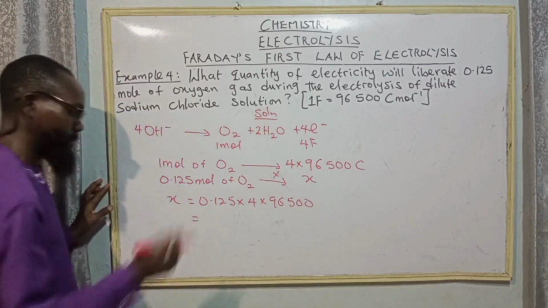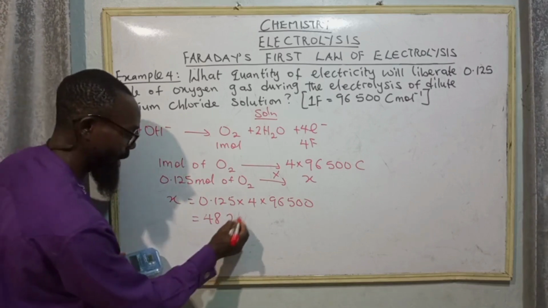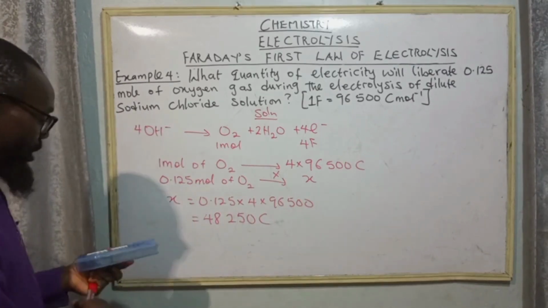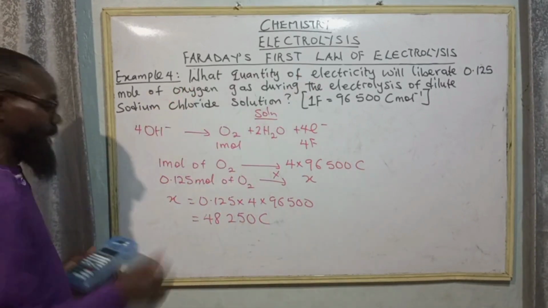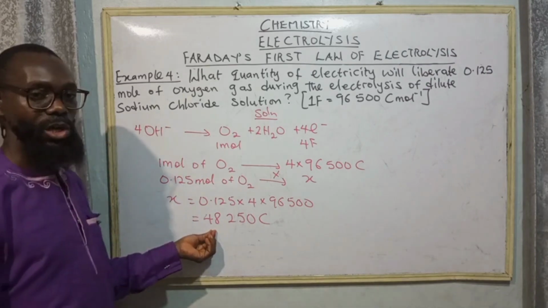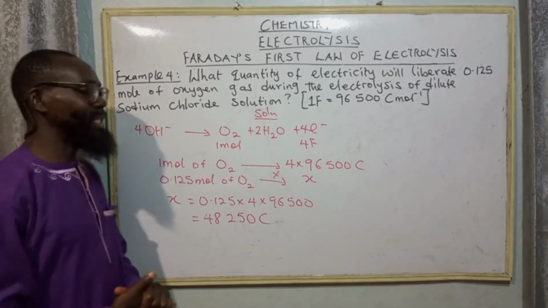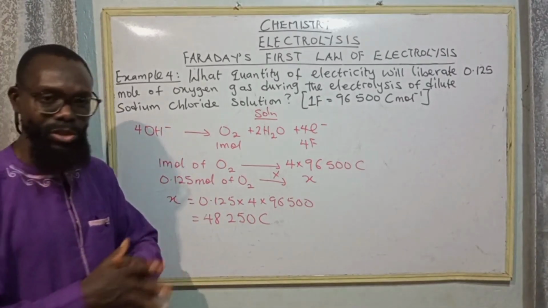So what do we have? We are going to have 48,250 coulomb. So for us to produce 0.125 mole of oxygen, it required 48,250 coulomb of electricity. So this is some of the questions related to the first law of electrolysis.